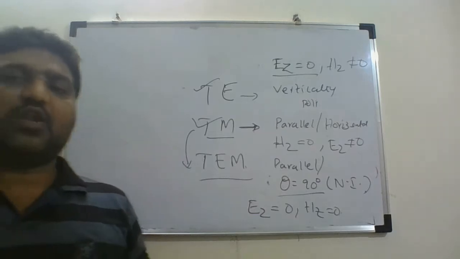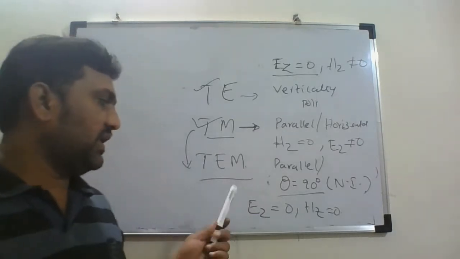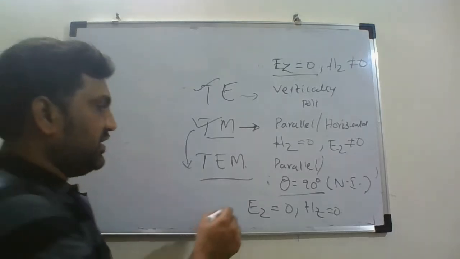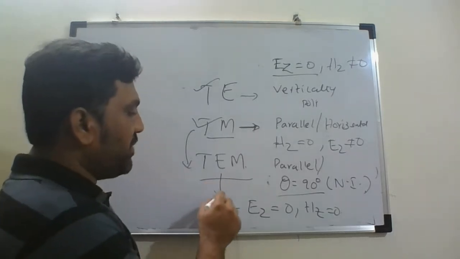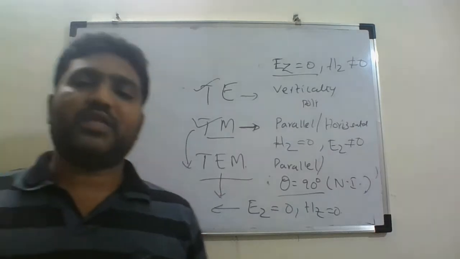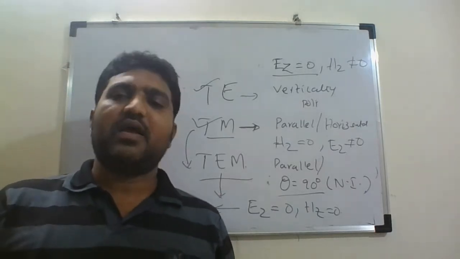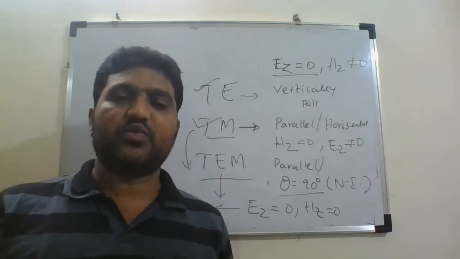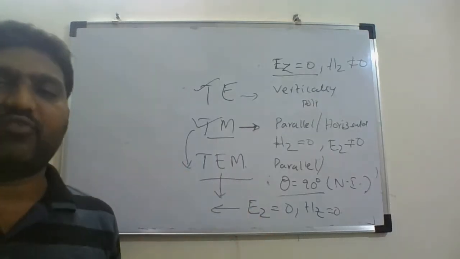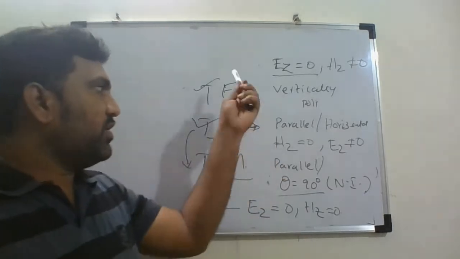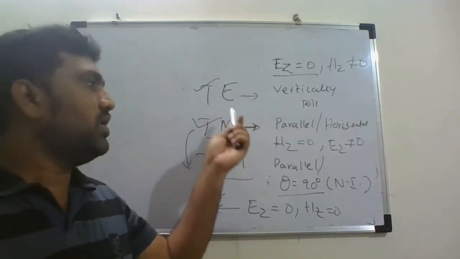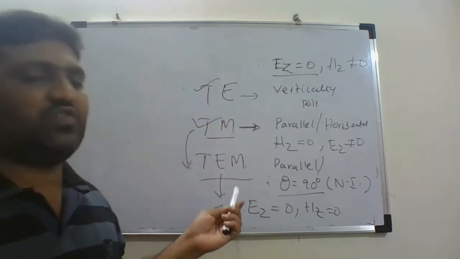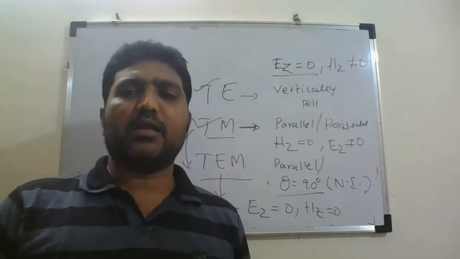That is, both the longitudinal components of electric field and magnetic field will be 0. So I will get a transverse electromagnetic field. That is, both electric field and magnetic field at all places will be transverse to the direction of propagation. So I will get a TEM wave. These are the possible waves, or modes, that the EM wave can exist in inside the parallel plane waveguide.